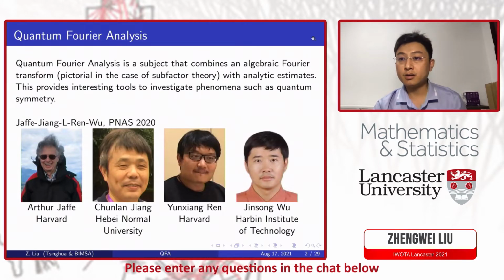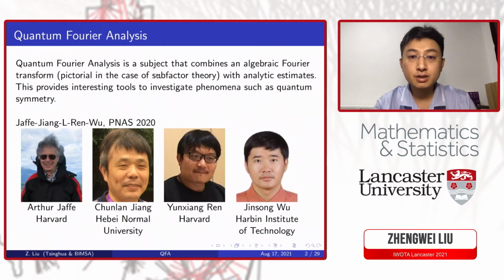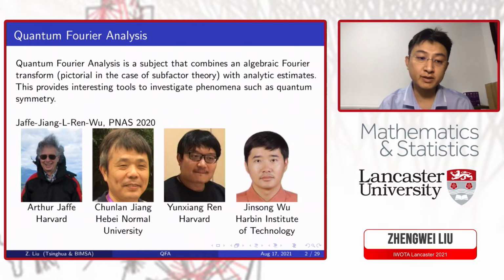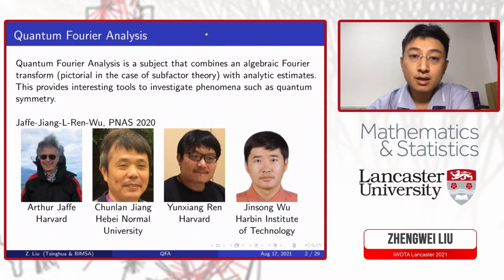In a recent paper, we gave an introduction to this subject. This is a joint paper with Arthur Jaffe at Harvard, Zhengwei Liu, Shengnan Jiang at Hebei Normal University, Yinxiang Ren at Harvard, and Jinsong Wu at Harbin Institute of Technology. The paper is titled Quantum Fourier Analysis. We mainly discuss algebraic transformations, which are analogs of the classical Fourier transform.